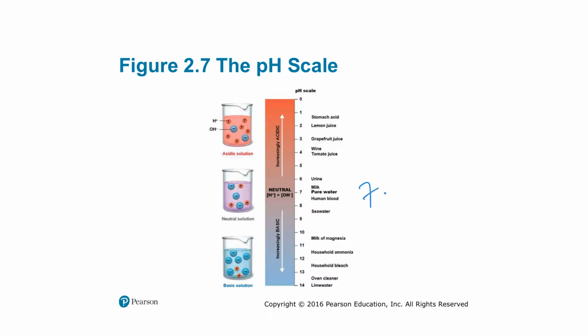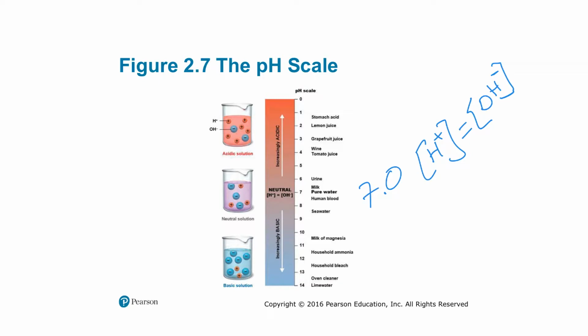And so at 7.0, the concentration of hydrogen ions is equal to that of the hydroxide ions. And so it's completely balanced there. Human blood generally rests between 7.35 and 7.45. Salt water is about 8.5 as a pH.